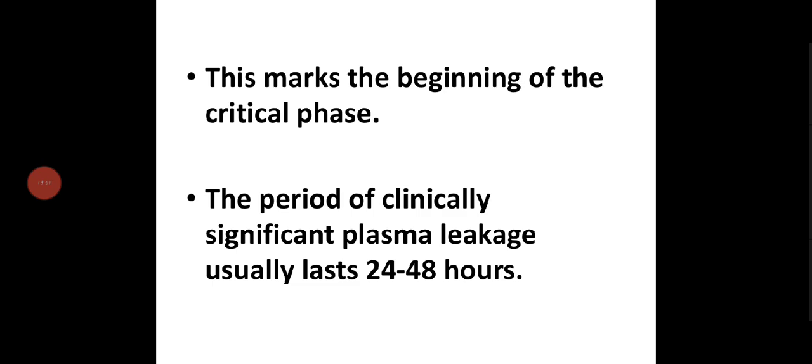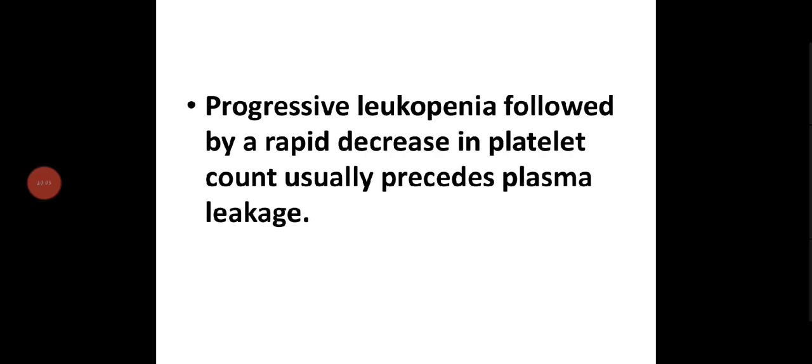The period of clinically significant plasma leakage usually lasts 24 to 48 hours. Because of increased capillary permeability and increased hematocrit level, there will be plasma leakage. Progressive leukopenia followed by a rapid decrease in the platelet count usually precedes plasma leakage. There will be a decreased platelet count, which will impair clotting, so there will be plasma leakage.